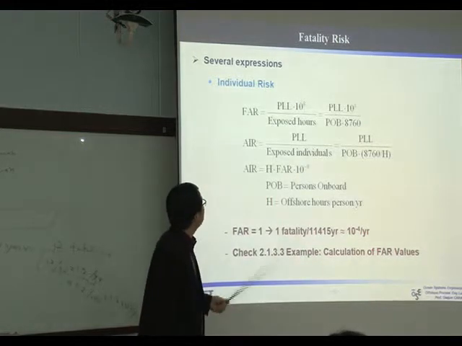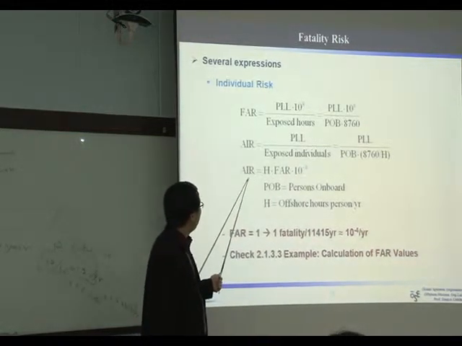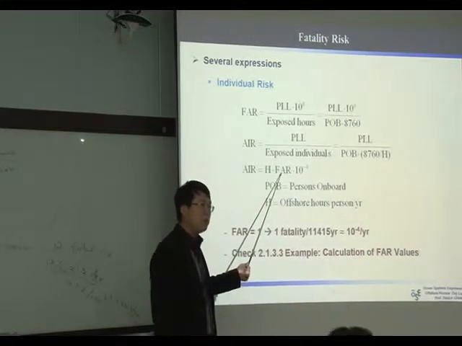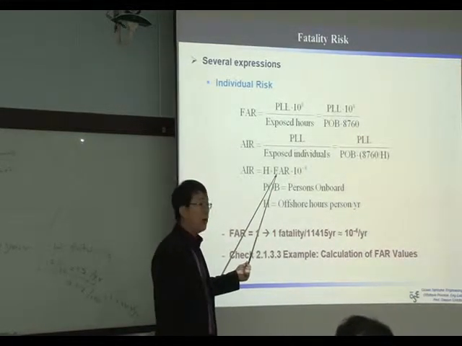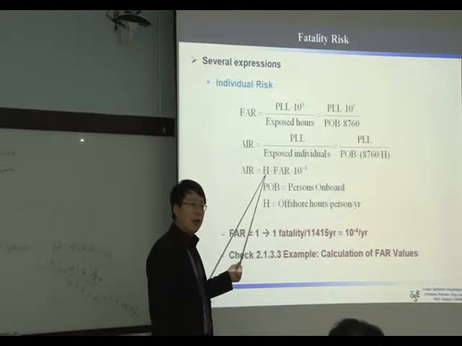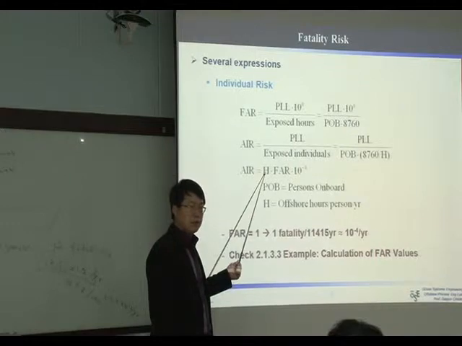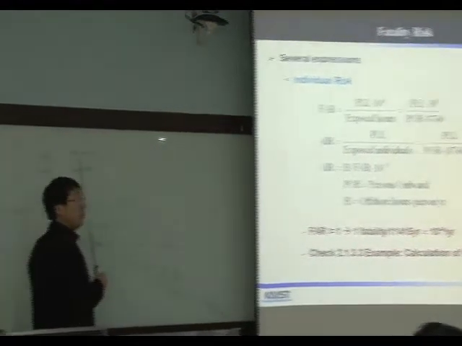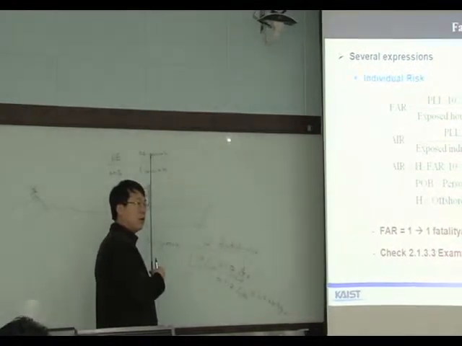AIR, individual risk, can be converted to FAR only if we know H. So typically, H is 4 months.